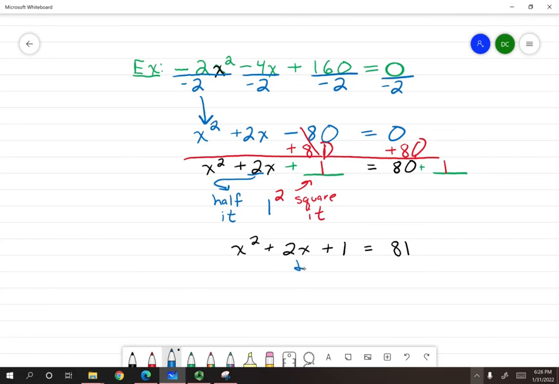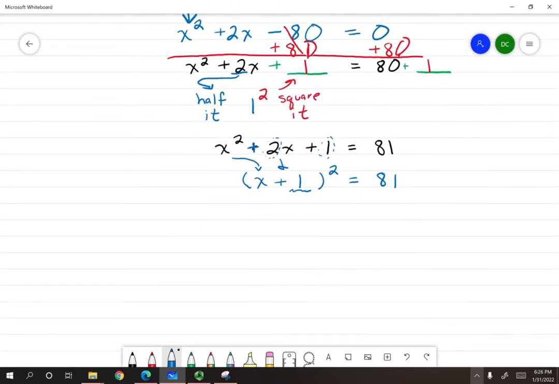This is a perfect square. It's an x. Since this is positive, plus sign, this term is either going to be half of b, half of 2, or the square root of 1.